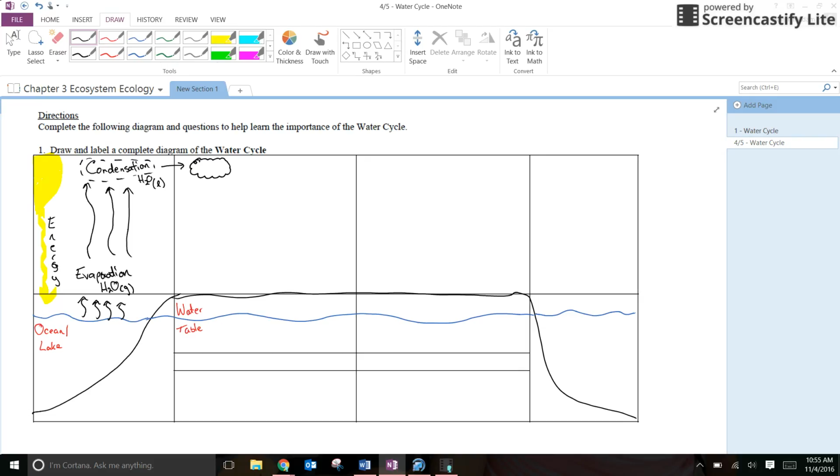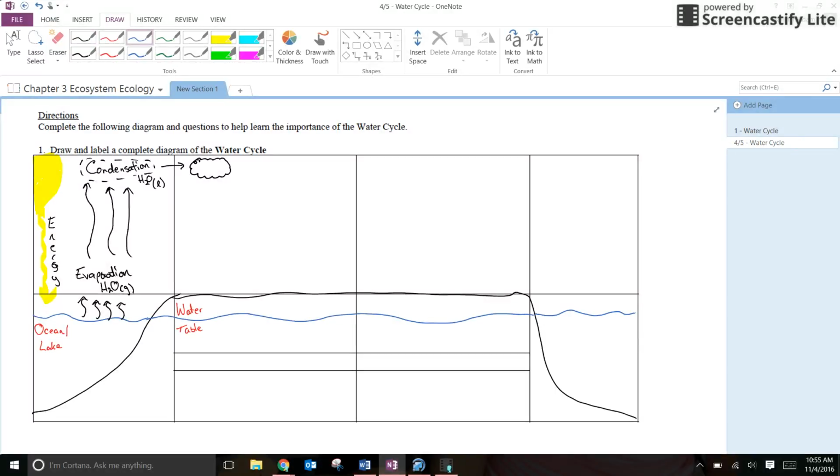Does anyone know why some clouds are white and some clouds are gray? Kind of a little trivia. Yeah. A gray cloud has more water vapor present in it, and therefore gray clouds tend to lead to what? Rain, because if the clouds get too heavy, what happens to the water in the cloud? It falls out.